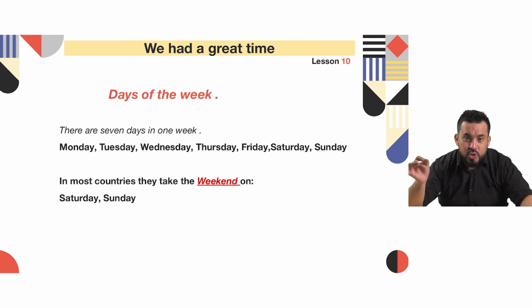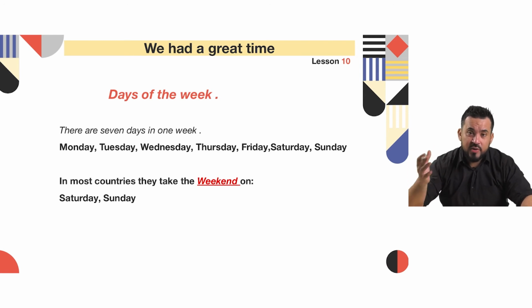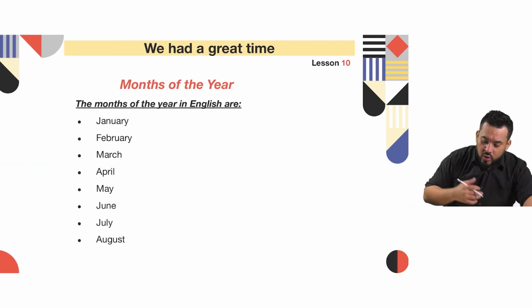Monday, Tuesday, Wednesday, Thursday, Friday, Saturday, Sunday. In most countries, they take the weekend on Saturday and Sunday. That is the weekend. Some countries do it Friday and Saturday, depending on what part of the world you are in.